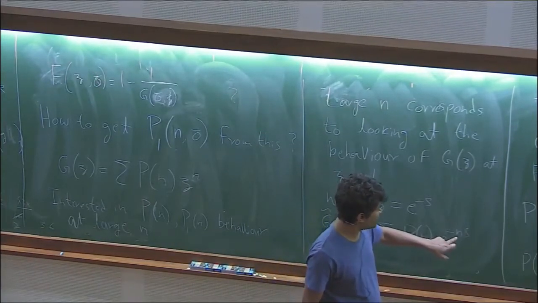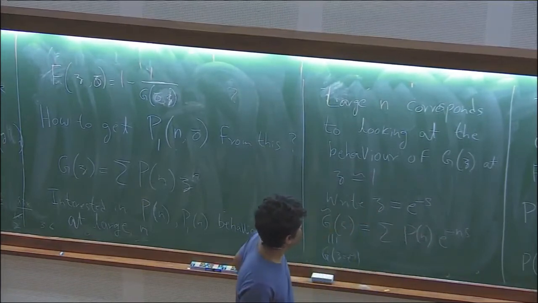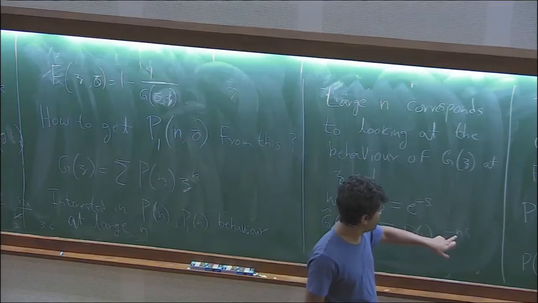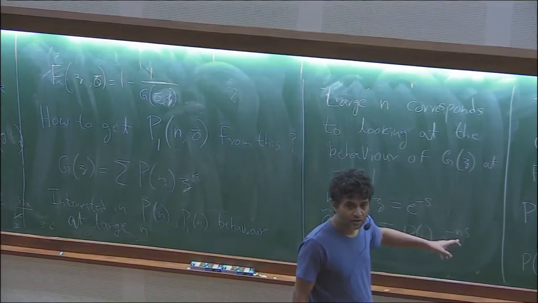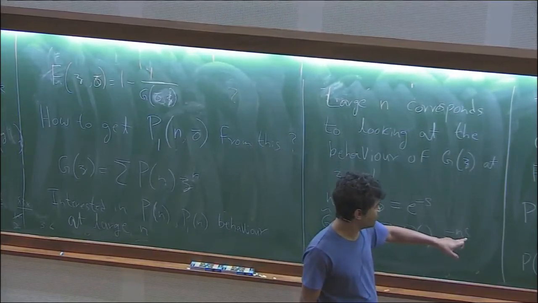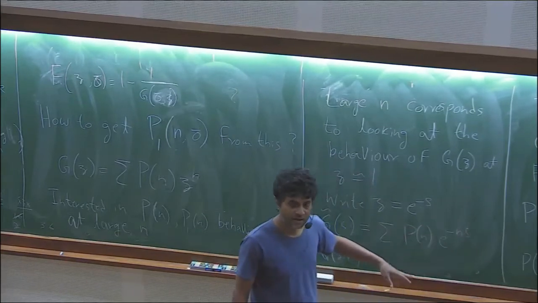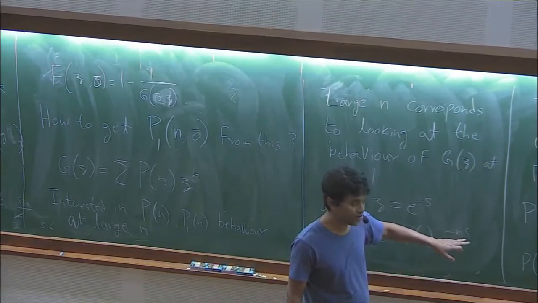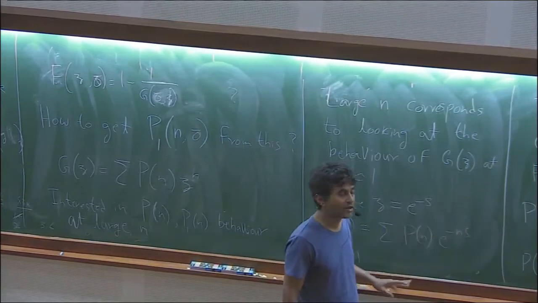If you're looking at large n, this function decays very fast, right? Unless you take s small, this will decay very fast.